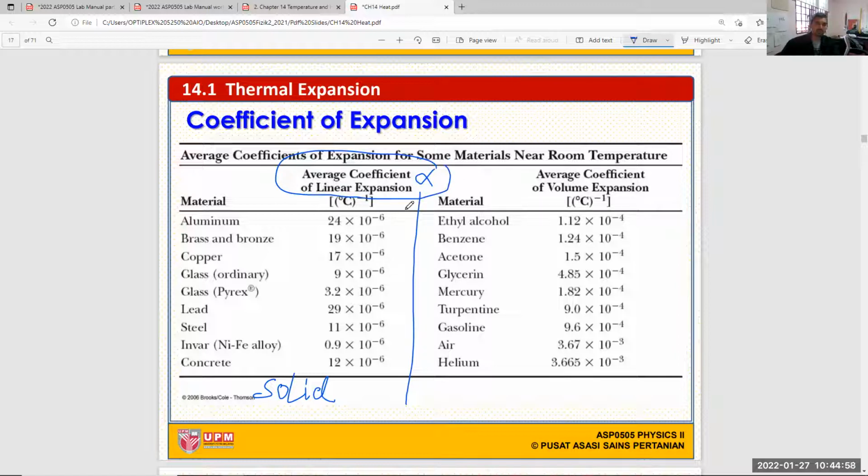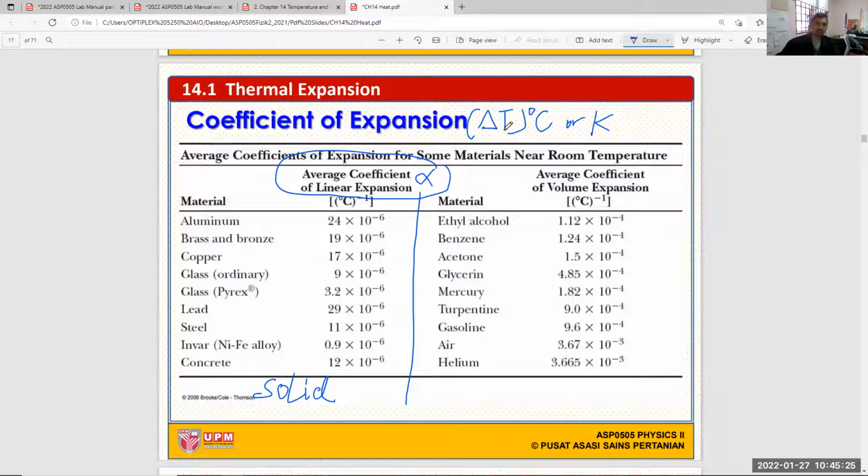So when you solve a problem, when you see delta T, you can use degrees C. No need to think of Kelvin, but actually we don't worry if you want to use Kelvin, no problem, because the change in Celsius is equivalent to the change in Kelvin.